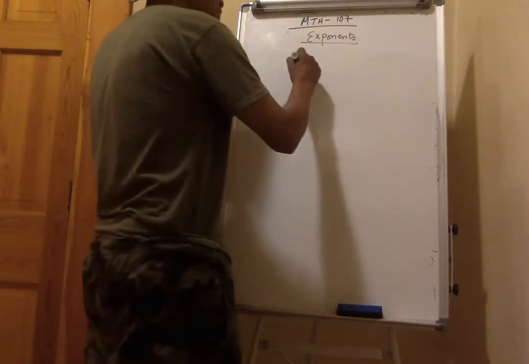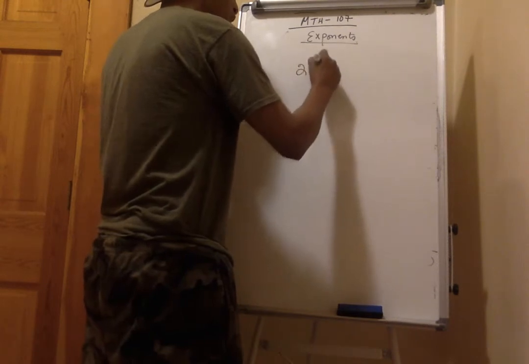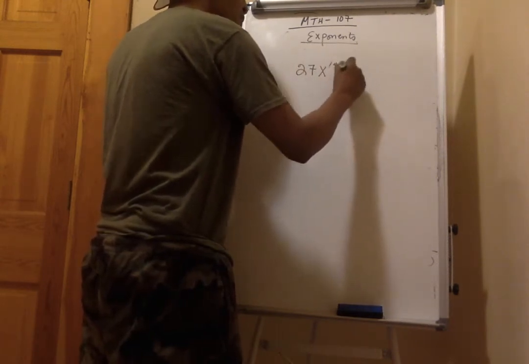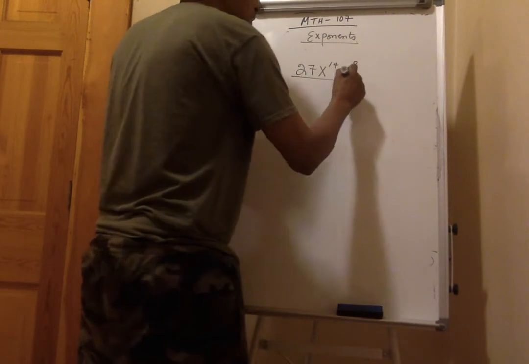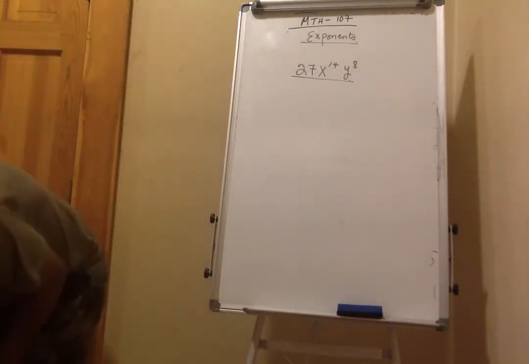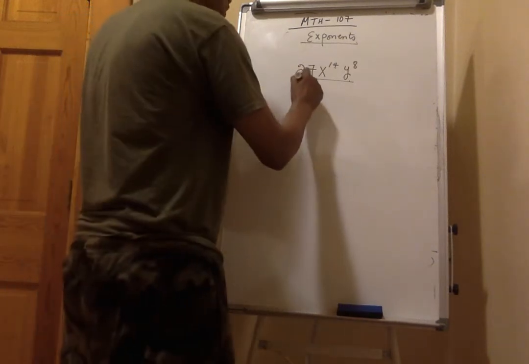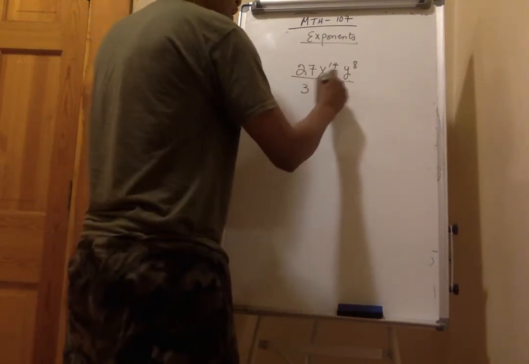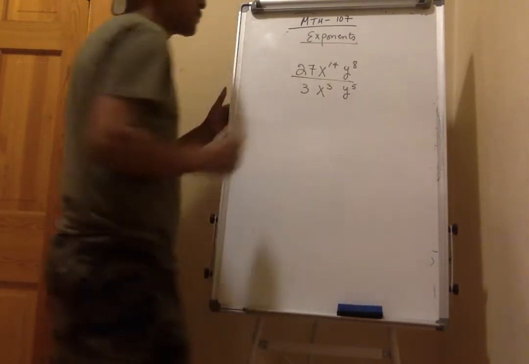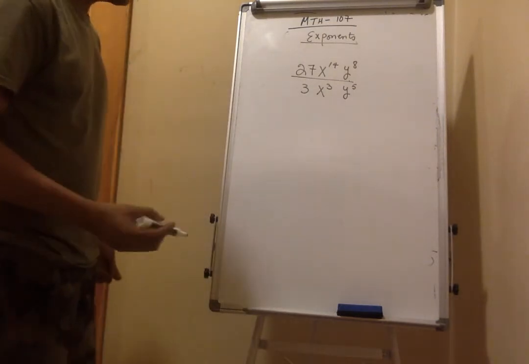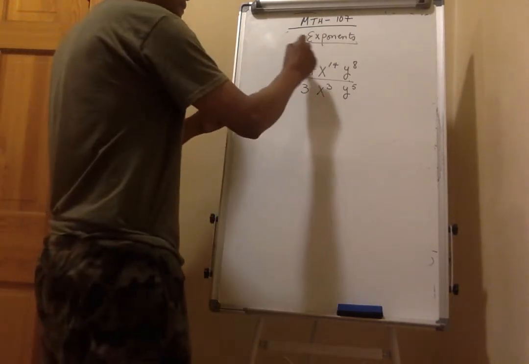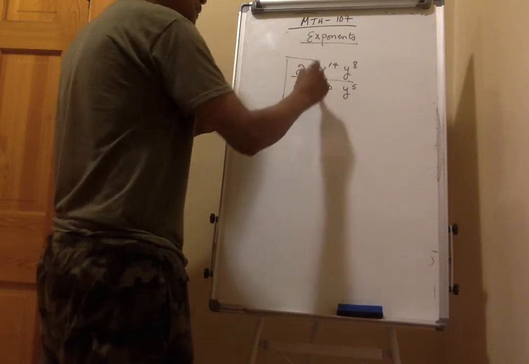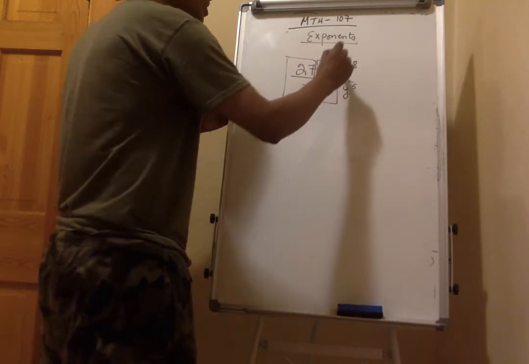Let's have 27 x to the 14th, y to the 8th, over 3x to the 3rd and y to the 5th. Again, split like terms, deal with them one at a time.